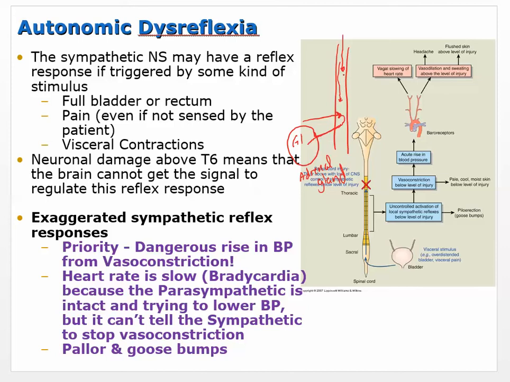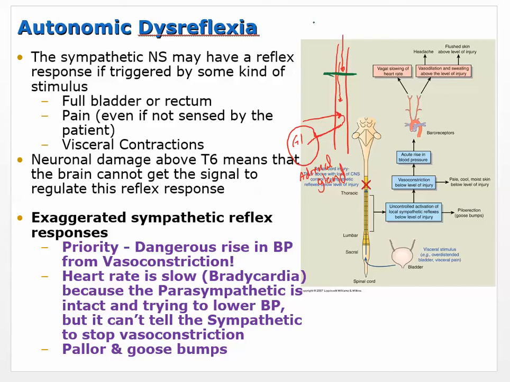Okay. If this is severed, then whatever triggered this sympathetic response to cause this vasoconstriction and an increase in blood pressure, because vasoconstriction causes an increase in blood pressure, this release of adrenaline, this vasoconstriction of the vessels in the lower areas in the abdomen, whatever caused that can't be turned off.